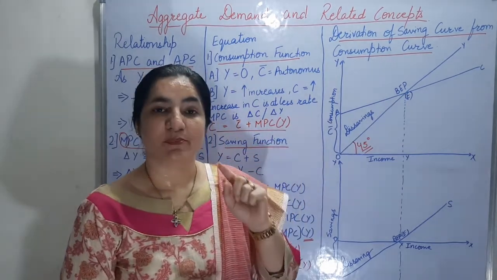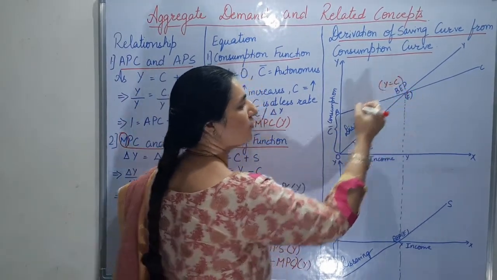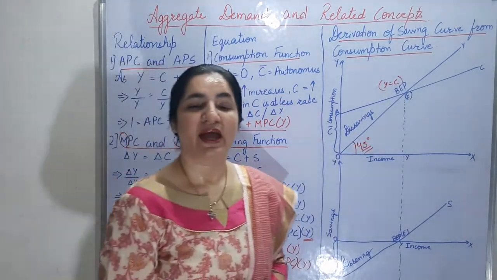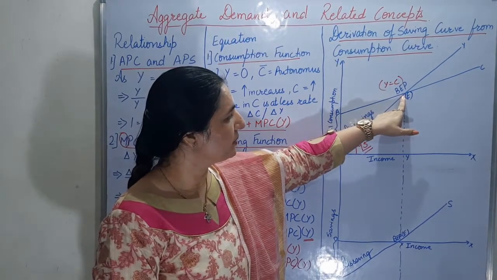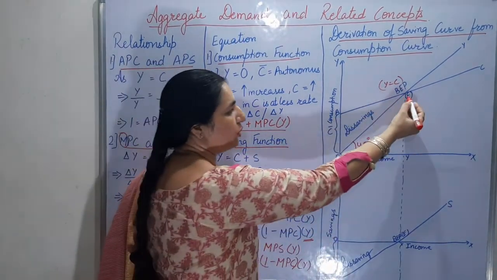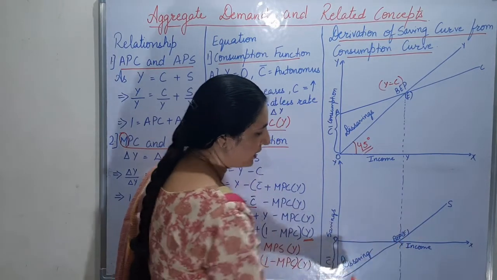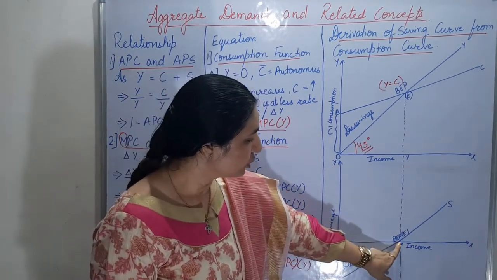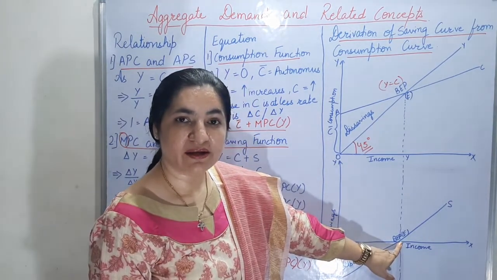This is the point where y is equal to c. It means the whole of the income is consumed and saving is 0. So this is the BEP point. This break-even point is to be dragged to the other graph, and here you should see the saving is 0 at BEP.